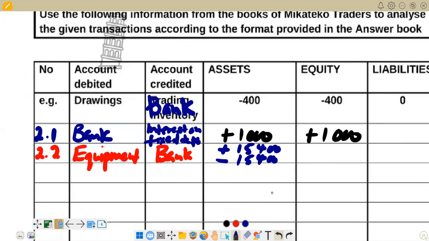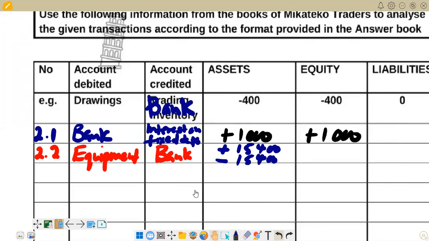So the transaction affected assets only. This adjustment will come back to the same position, with a plus 15,400 and a minus 15,400. You see that 15,400 minus 15,400 comes back to zero. The total of assets will remain equal to the total for equity plus liabilities. So this is what we have in terms of 2.2.